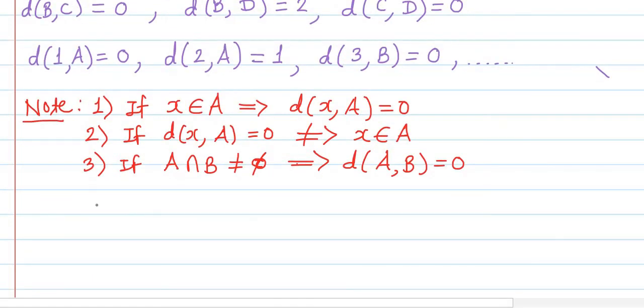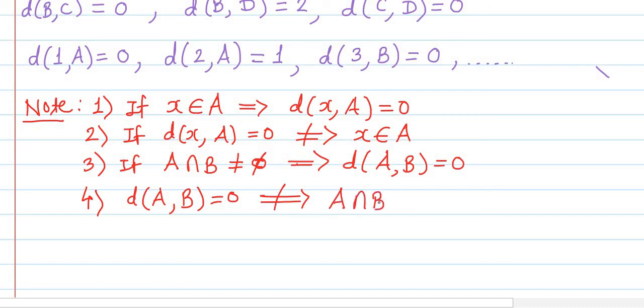But however, its converse is not true, which means that if distance between sets A and B is 0, then it doesn't imply that A intersection B is non-empty.